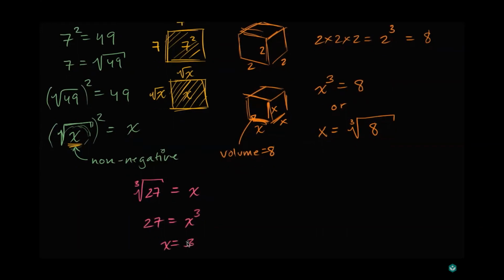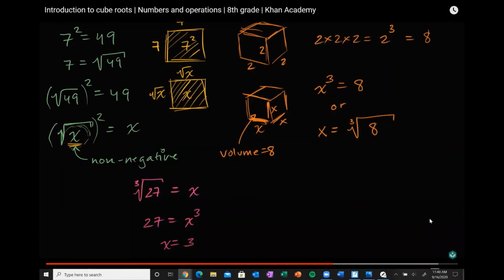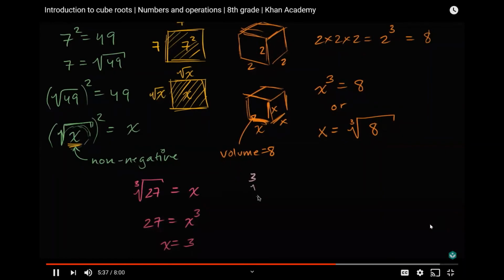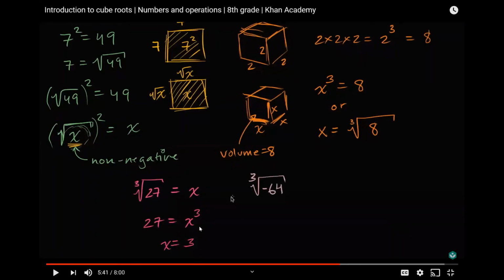Now let me ask you a question. Can we write something like the cube root of negative 64? Okay, let me stop here. And some of you guys are wondering, where did he get this 3 from? Okay, he did 3 times 3, which gets you what? 9.